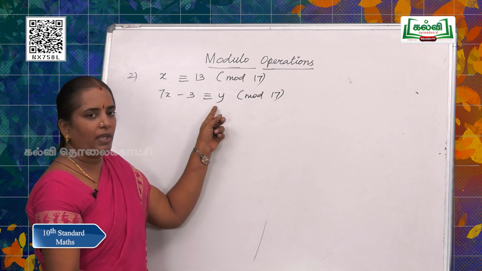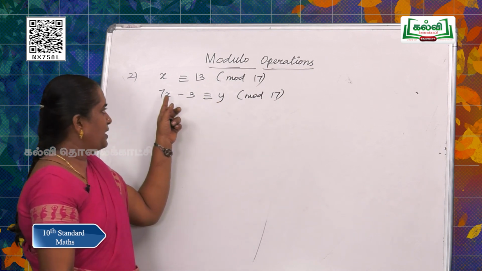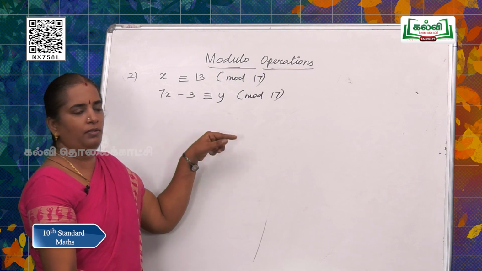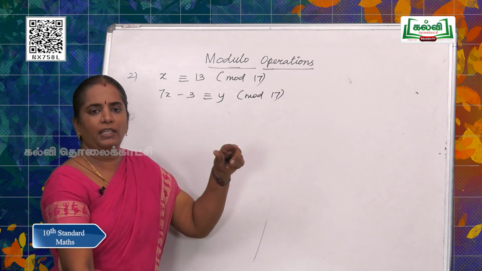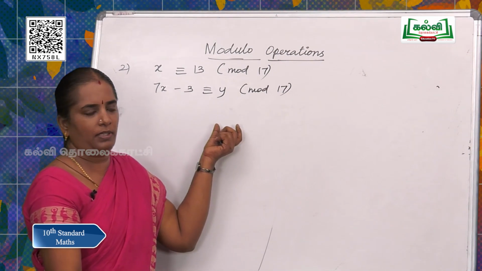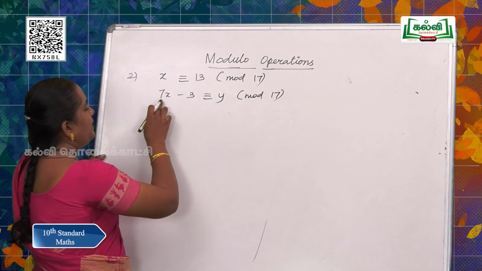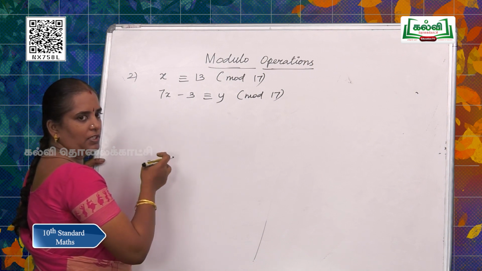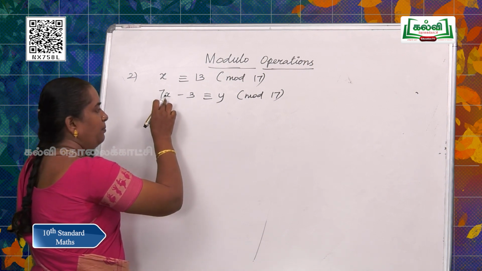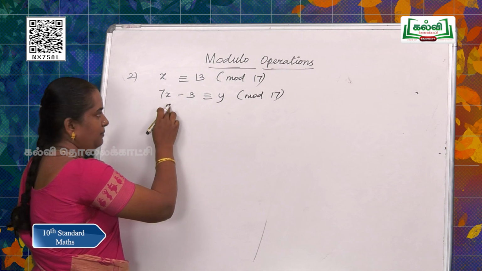Why have I introduced y here? Because x is already available, so we should not repeat. So we are going to take y or any other initial. Mod 17. See, x is congruent to 13, so we are going to replace x here.